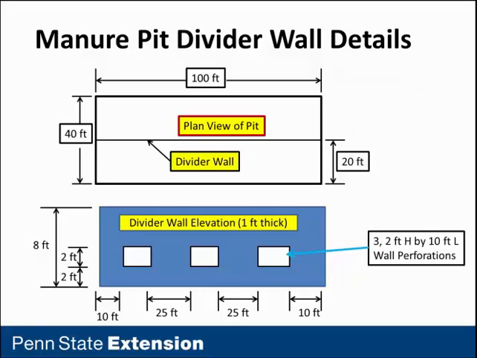The length of that perforation is 10 feet. Then we have a 25-foot spacing between the other 2 perforations, and the right-hand perforation is offset 10 feet from the right-hand end wall.